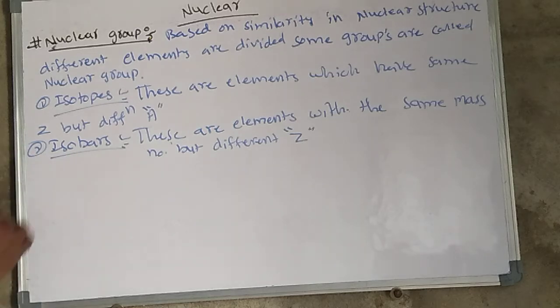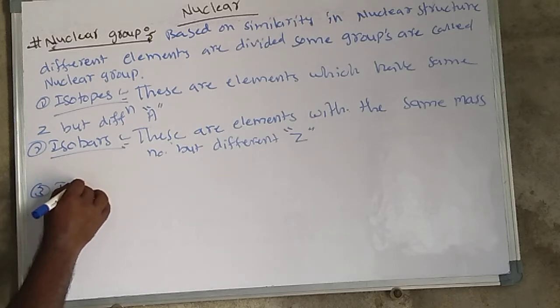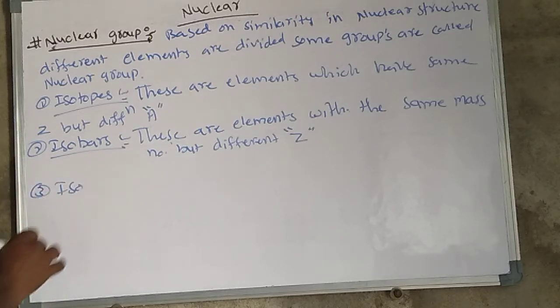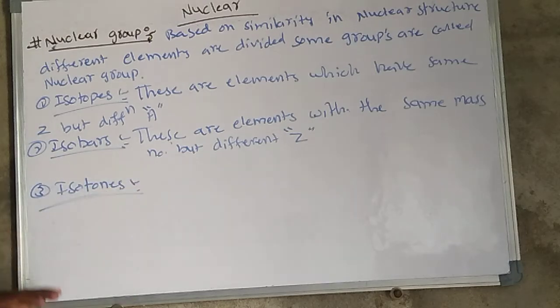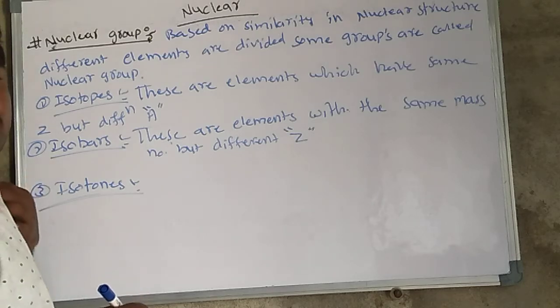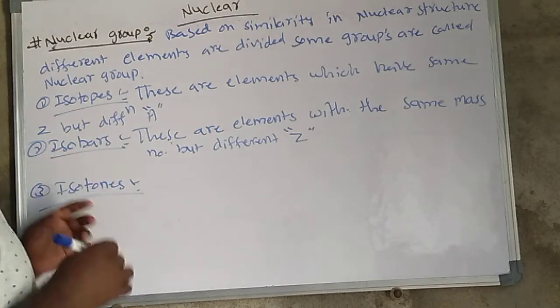Next, the third one, isotones. Isotones are elements which have the same number of neutrons.